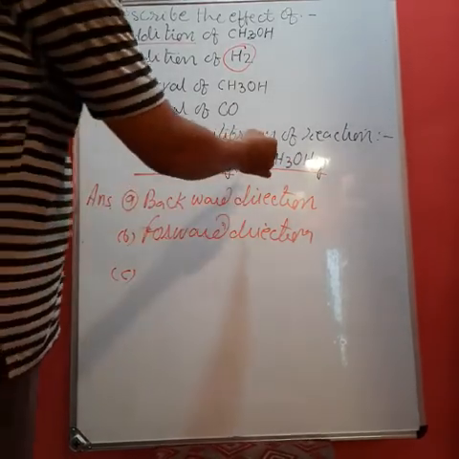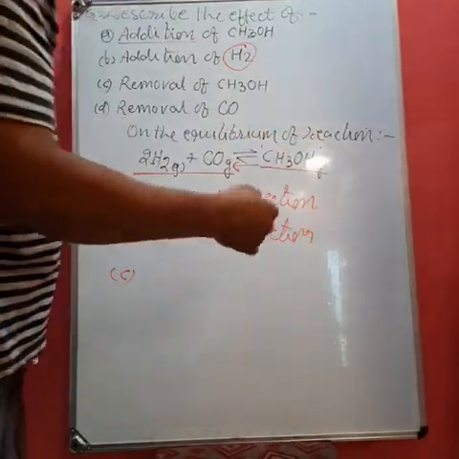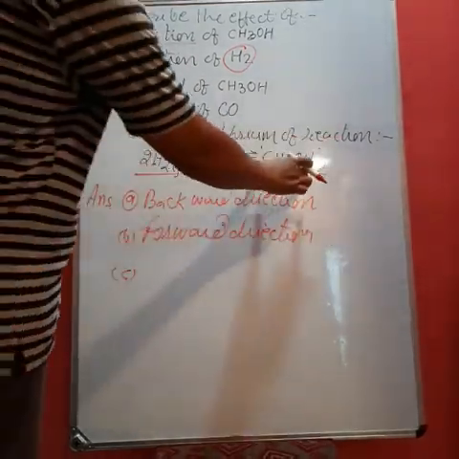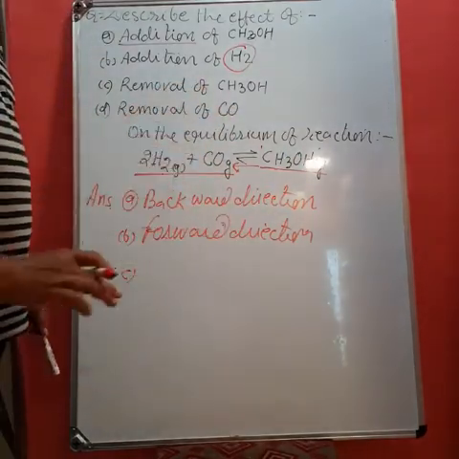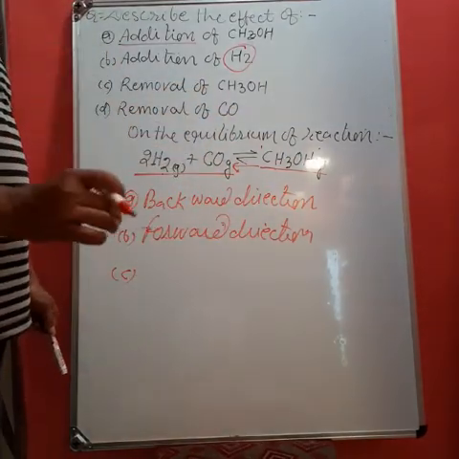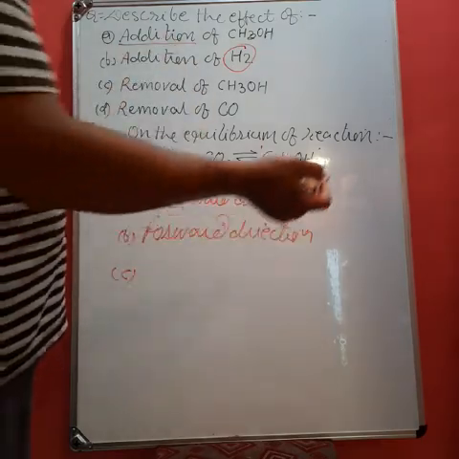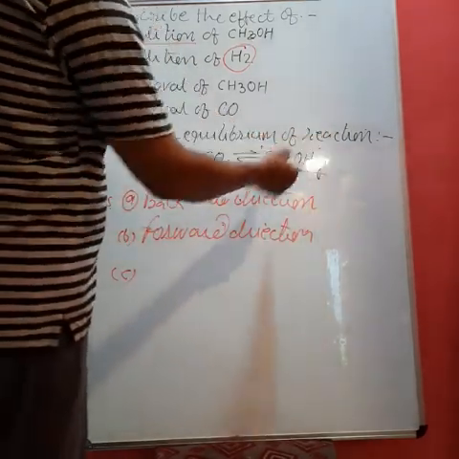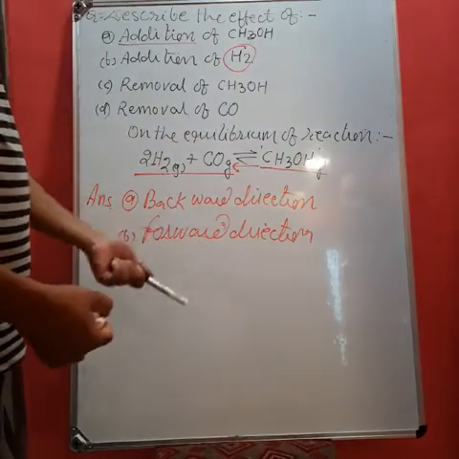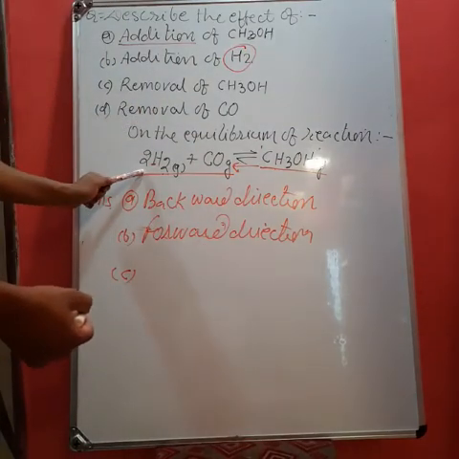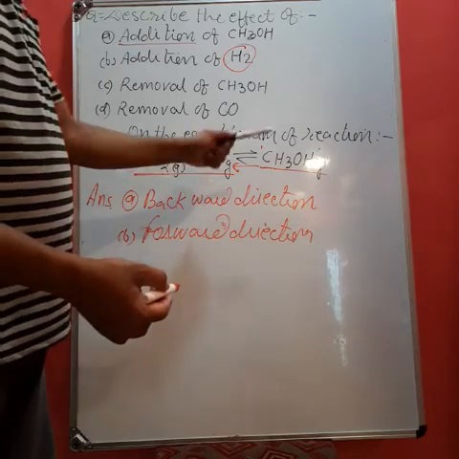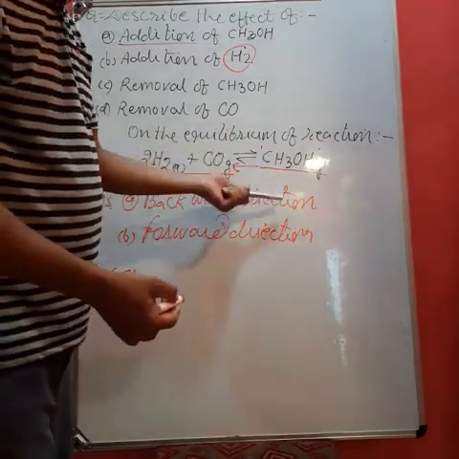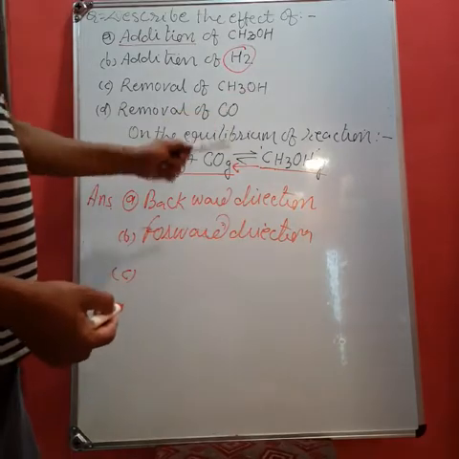But if any of the species is completely removed, then there will be no species, no product. That means in the equilibrium reaction, there must be reactant as well as product. Means if we remove the methanol, automatically it says that the concentration of reactant is increased, or we can say the concentration of product is decreased. That is, now the Kc will be disturbed.